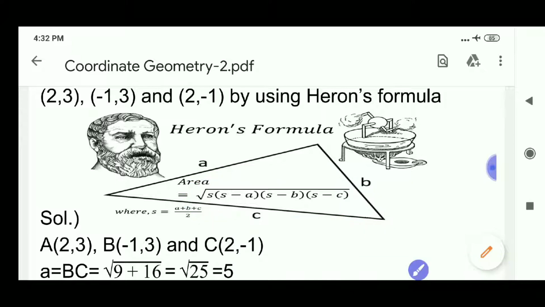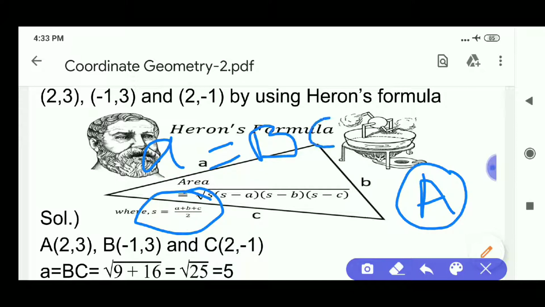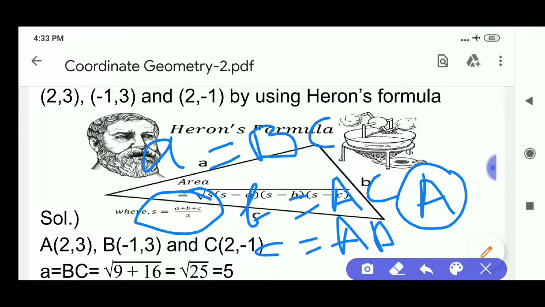What is s? s is (a plus b plus c) by 2. What is a? a is the side opposite to the vertex A. What is opposite to the vertex A? That is BC. Similarly, b is AC, and c is AB.